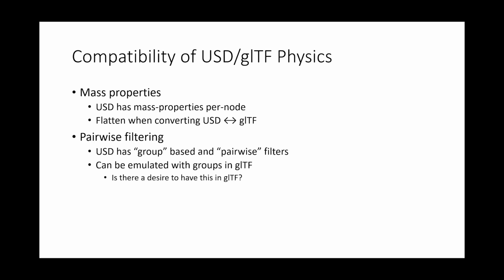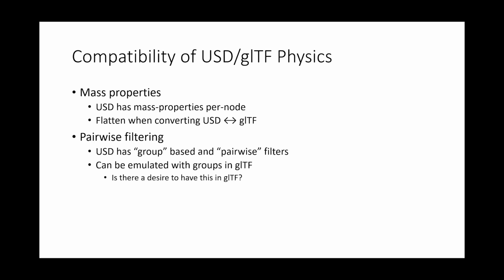And that allows you to have another USD stage that pulls in sub-resources from a template asset, and you might only want a subsection of that file, and you still want to get the mass behavior, the mass properties. I don't think glTF has a similar sort of issue, just because it doesn't have this scene composition.